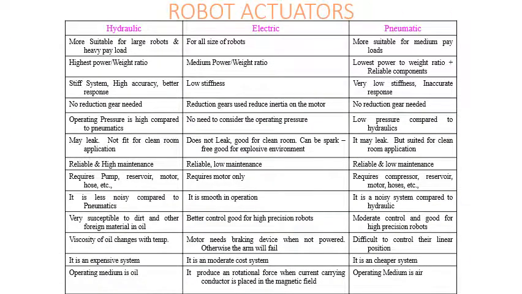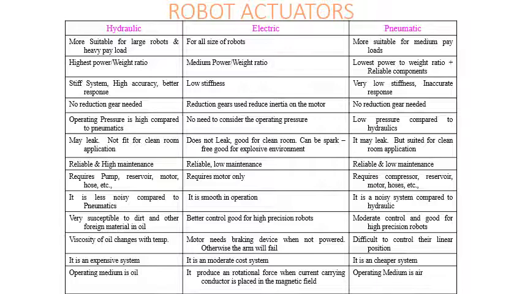And these robot actuator power sources are compared with one another. On the left we can see hydraulic, in the middle electric, and on the right pneumatic actuators. In case of payload, hydraulic actuators are suitable for large robots and heavy payload, and electric for all sizes of robots.